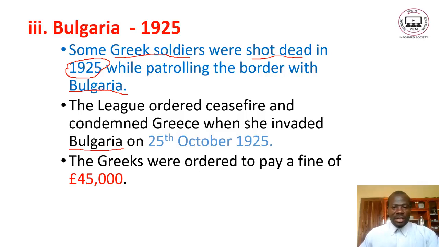So the League ordered that ceasefire and condemned Greece because of that invasion, in October 1925. The Greeks were also ordered to pay 45,000 pounds as reparation for the damage on Bulgaria. Greece accepted that, and it was a registered success of the League of Nations.